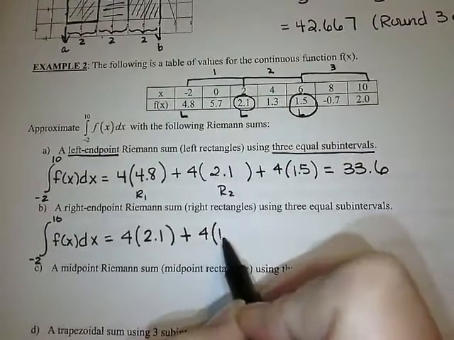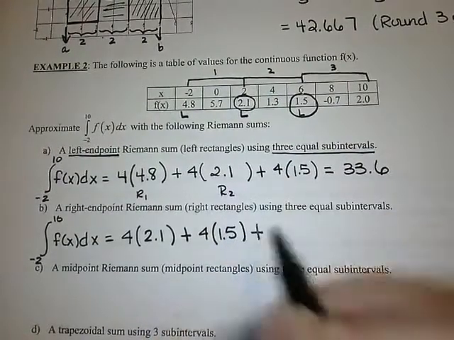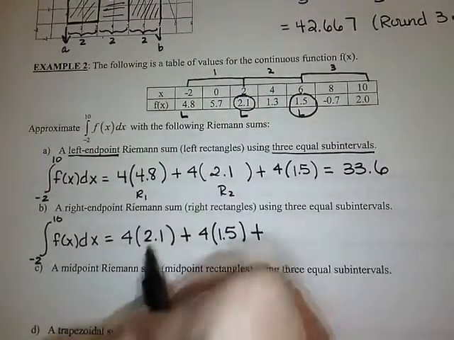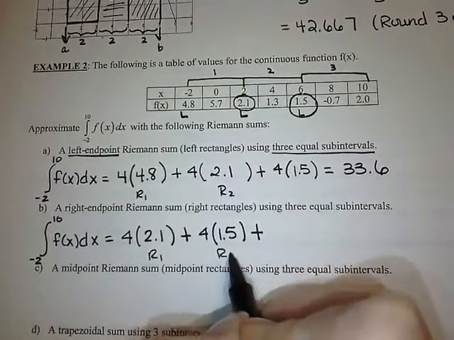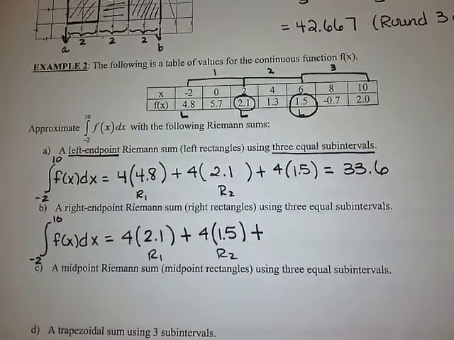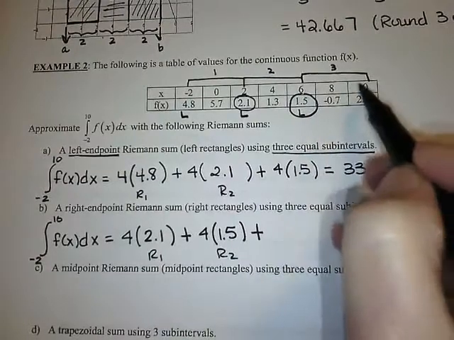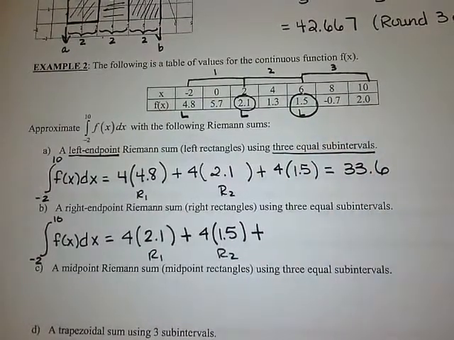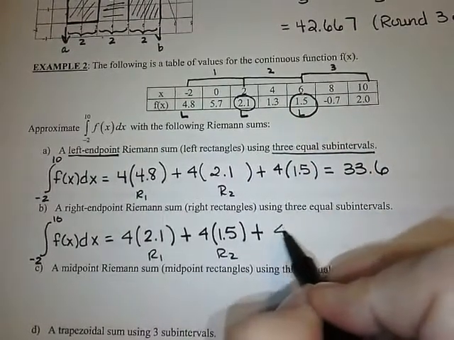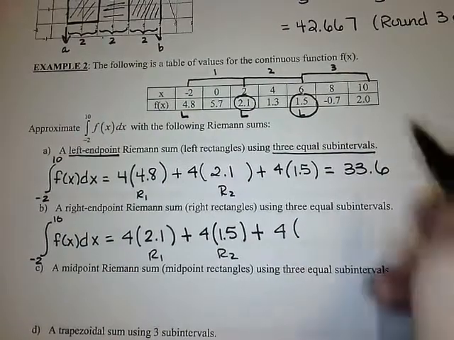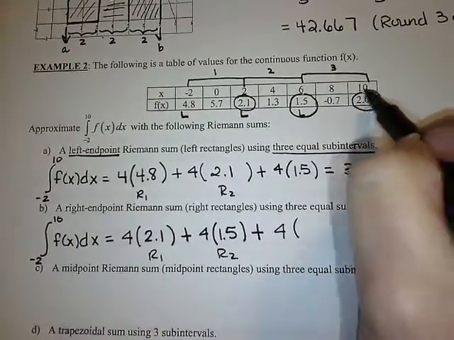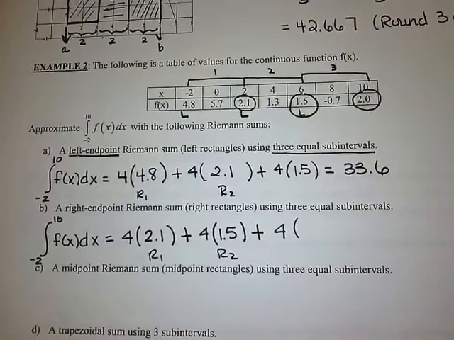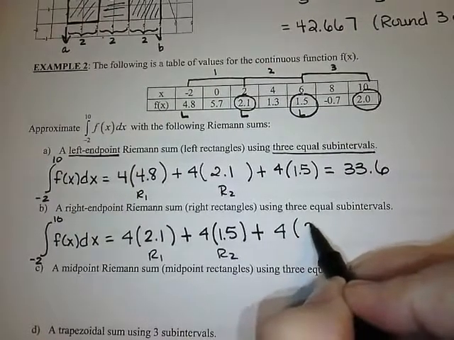So it's going to be 1.5. And then this is rectangle 2, and now I have rectangle 3. So rectangle 3 is going to also have a base or a width of 4. And then I'm going to connect on the right-hand side of this rectangle where it hits f of x, which is now going to be 2.